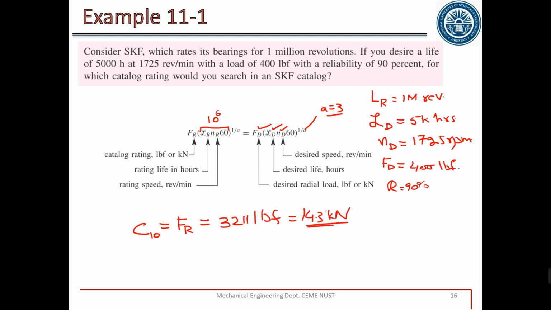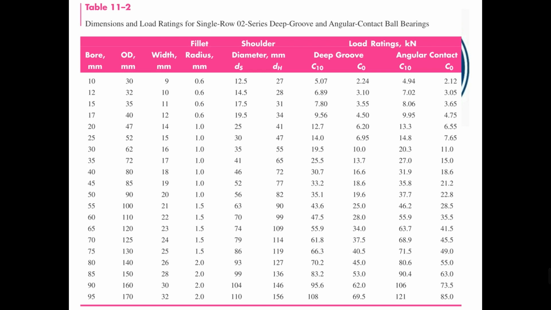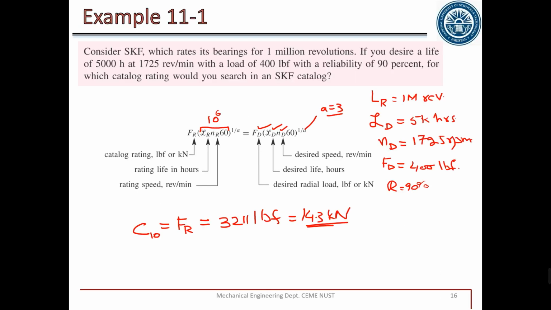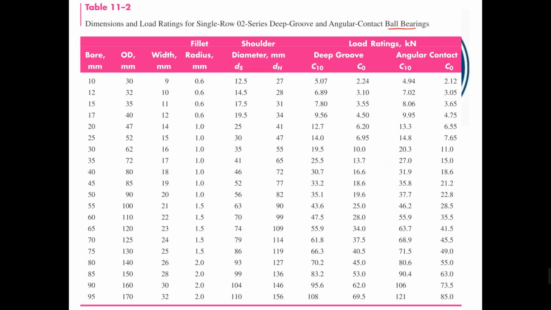Now for this 14.3 kilonewton, we have Table 11-2. In that table, you can see it is for single row 02 series deep groove and angular contact ball bearings. In the question, they have not given us which type of bearing we can use, so it can be either deep groove or angular contact.